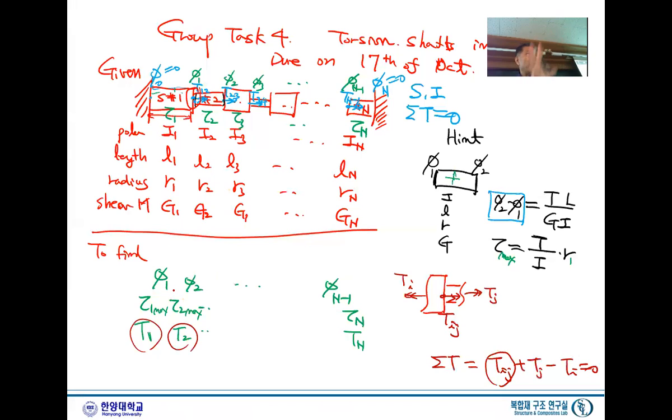I'm trying to help you to formulate. As I mentioned, P1 and P2 will be used to calculate the angle of rotation and torque of each one. So I hope that helps you to solve the problem.